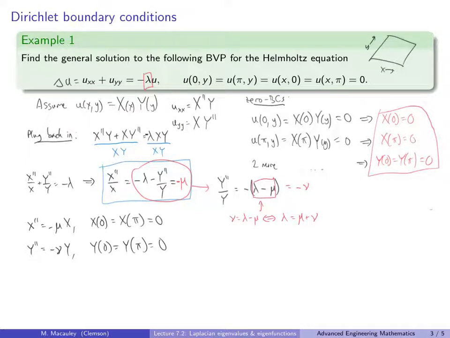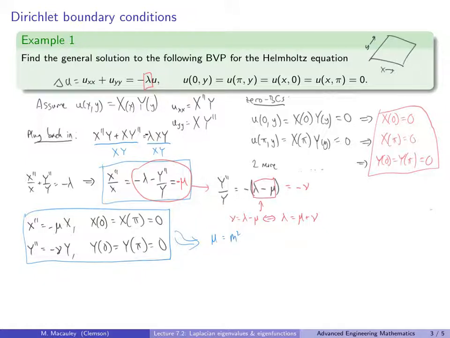Okay, so I keep wanting to box things because these are all important. So I'm going to box this thing in blue. We know how to solve these. So maybe I should have done this over here, but that's no problem. So what do we know? We know that mu is equal to n squared. Well, both of these are equal to n squared for some integer. So I'm going to write that as mu equals m squared.